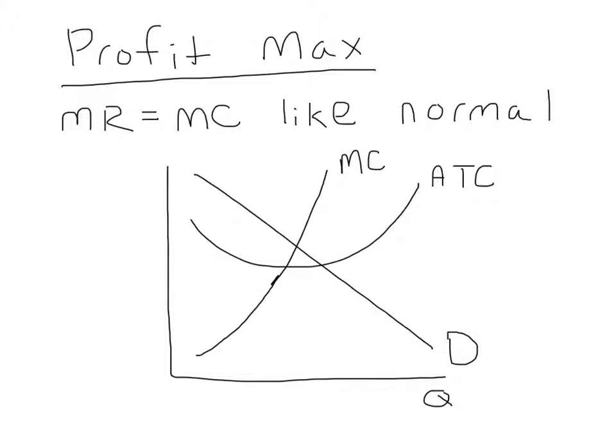Profit maximization works the same way it did for the monopoly and the perfect competition firms. We equate marginal revenue to marginal cost. Here we can see the marginal cost curve and average total cost curve drawn in on the diagram. We also see the demand curve, and the real question is, what is marginal revenue going to look like for this firm? Since it's a monopoly, it faces a downward sloping demand curve.